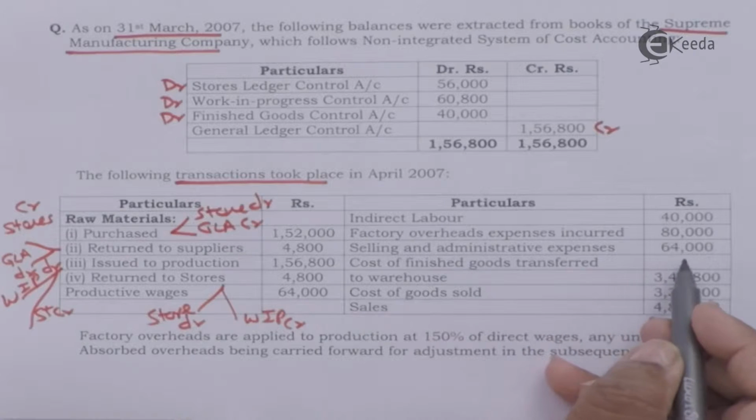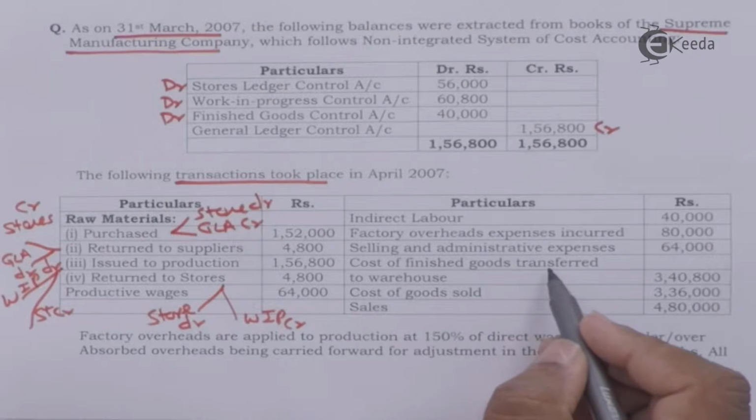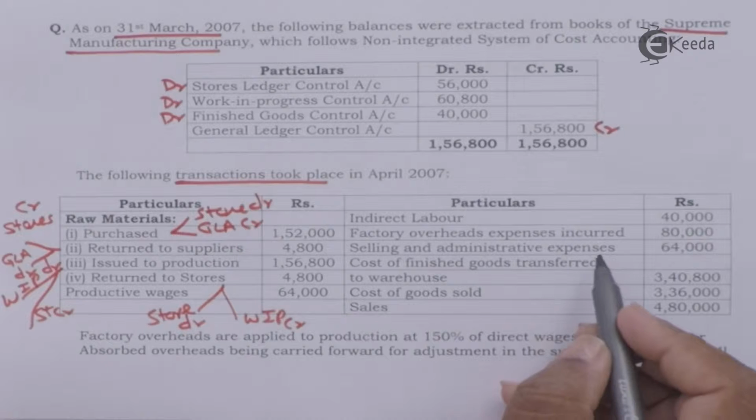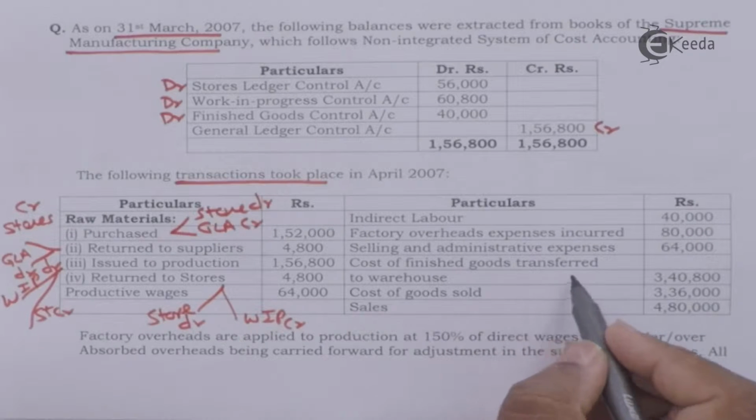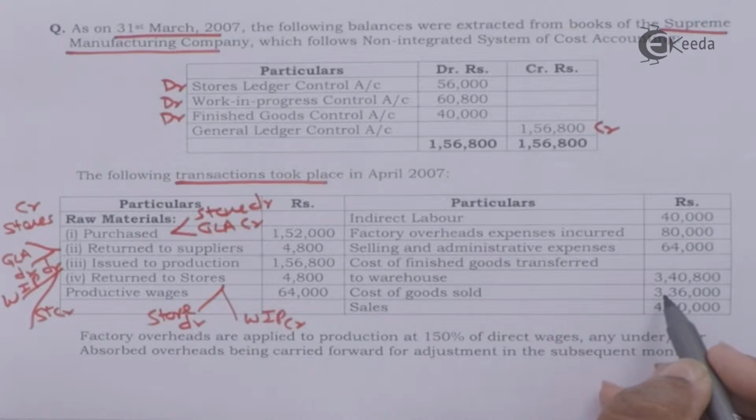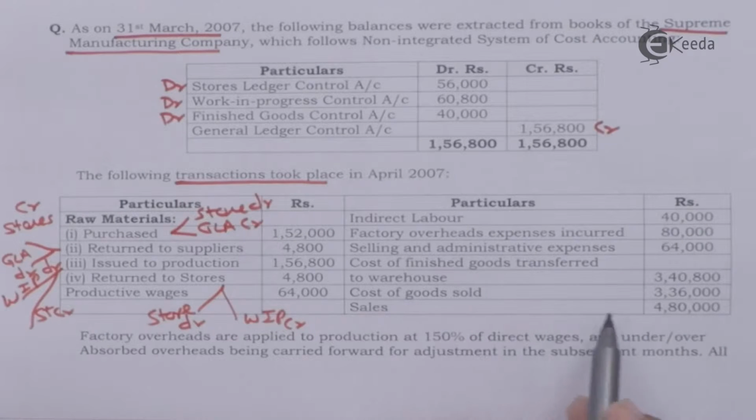Selling and administrative expenses, selling and administrative expenses control account debit, GLA credit. Cost of finished goods transferred to warehouse, work in progress credit, finished goods debit. Cost of goods sold, this will be relating to cost of sales.